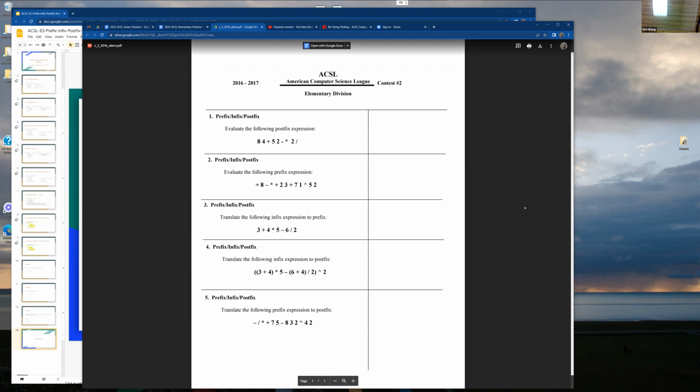In this test, question number 2, this angle thing is exponential, and the rest of them too.